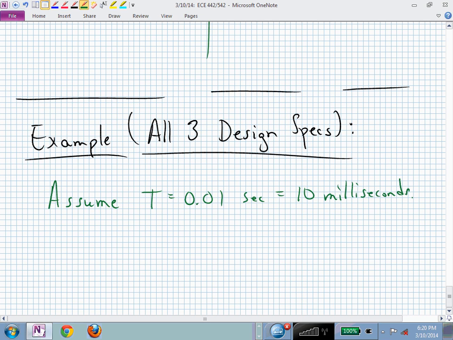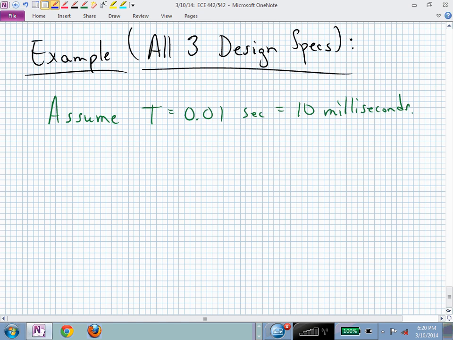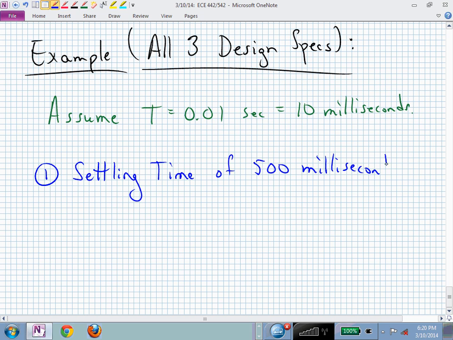Here are the design constraints that I want to try to meet. Suppose that somebody says, okay, I want a settling time of a half a second, or 500 milliseconds, or less.